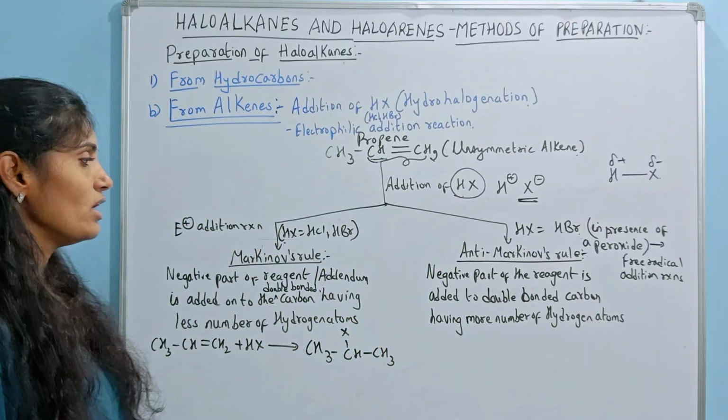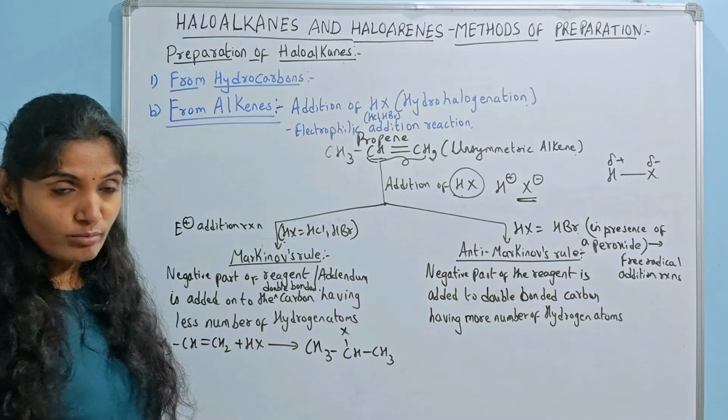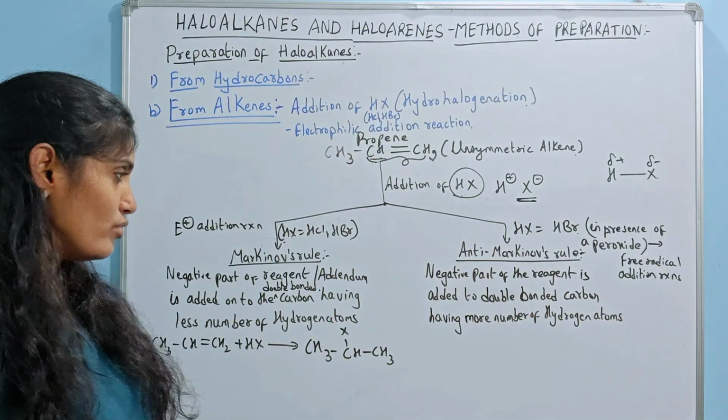Okay, negative part of the reagent is added to double bonded carbon having more number of hydrogen atoms.